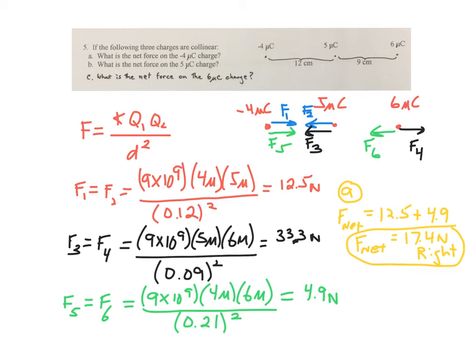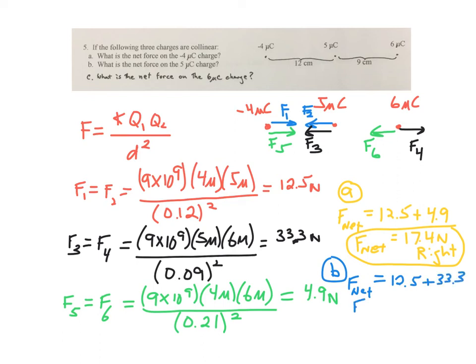Part B, F net for the 5 microcoulomb charge. I look at the diagram, and I see that it's force 2 and force 3. They're both directed towards the left, so the answer will be towards the left. F2 is 12.5, F3 is 33.3, so F net will be the 12.5 plus the 33.3.